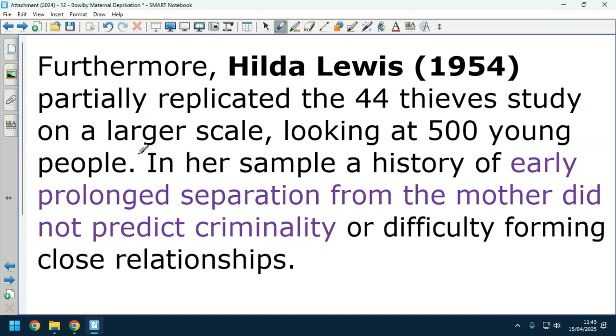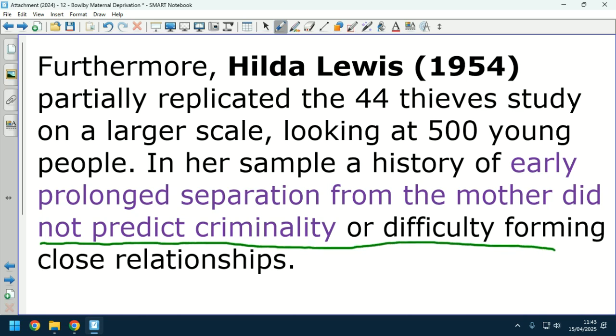But if we are not happy with just being critical of how Bowlby carried out his research, a very important person to take note of is Hilda Lewis, because it's a very similar time frame, 1954. She tries to find that link between prolonged separations and criminality, effectively what Bowlby had said with his 44 Thieves study. And what we have here is that there are no links.